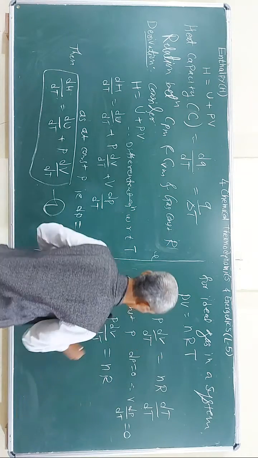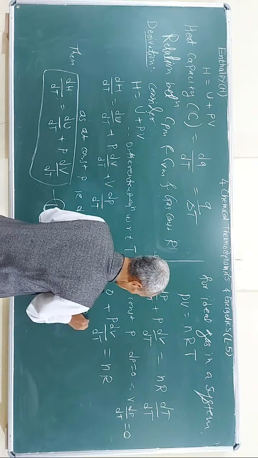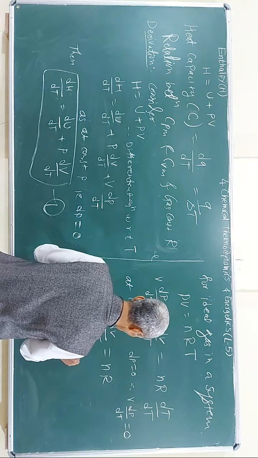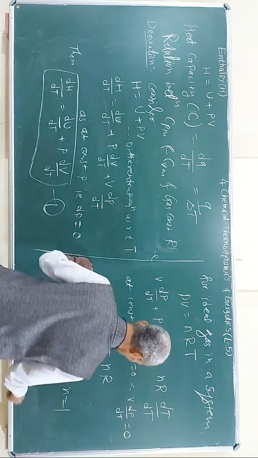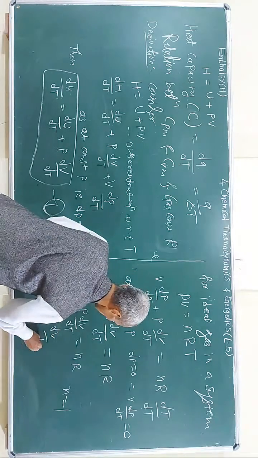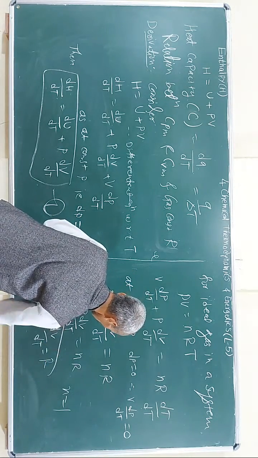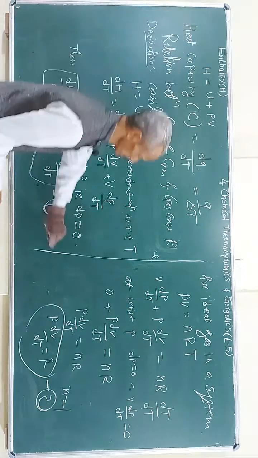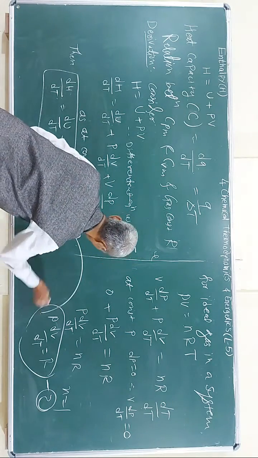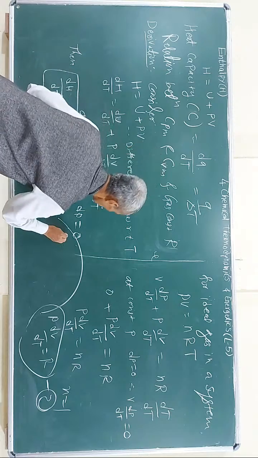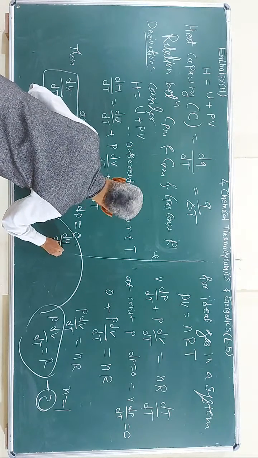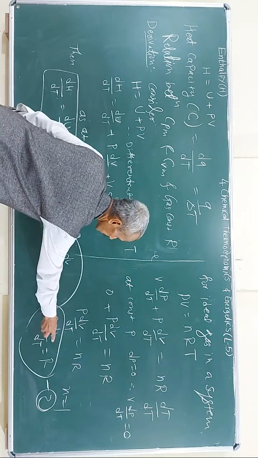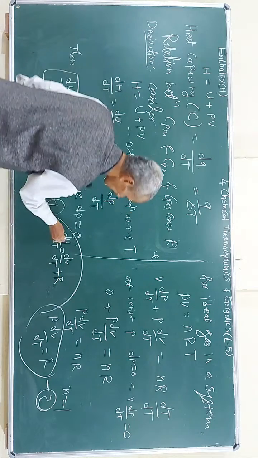So this P dV upon dT is equal to nR. If n is equal to 1, P dV upon dT is equal to R. This is equation 2. From equations 1 and 2, one can simply write here, comparing these two, dH upon dT is equal to dU upon dT plus R. What is dH upon dT?